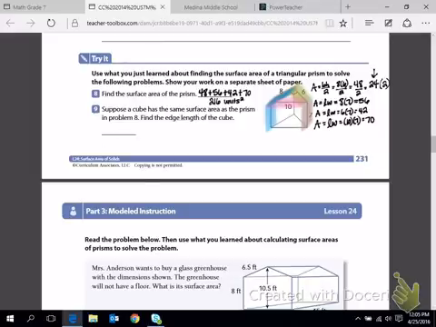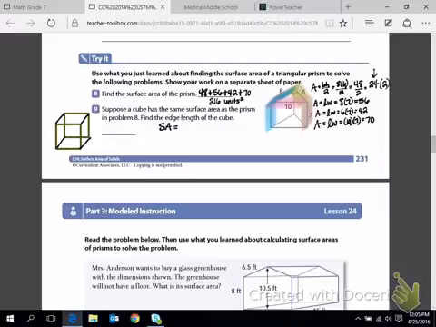In problem number 9, it tells you to suppose a cube has the same surface area as the prism in problem 8. Find the edge length of the cube. So for me, the best thing to do is to start by drawing a cube. Now we're telling you that the surface area of this cube is going to be the same thing as that triangular prism.